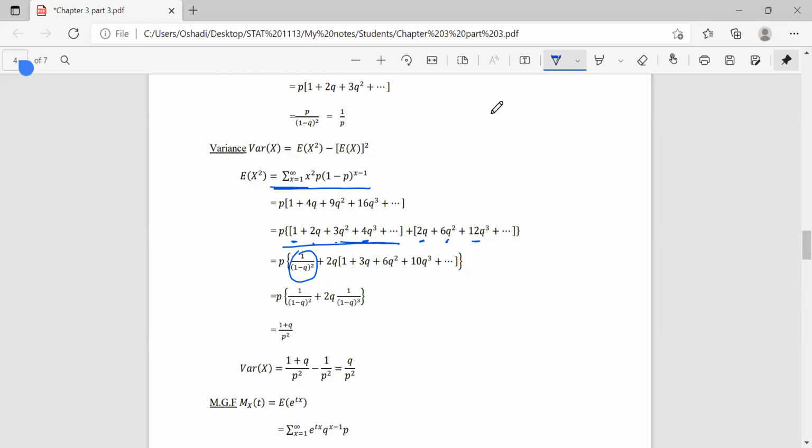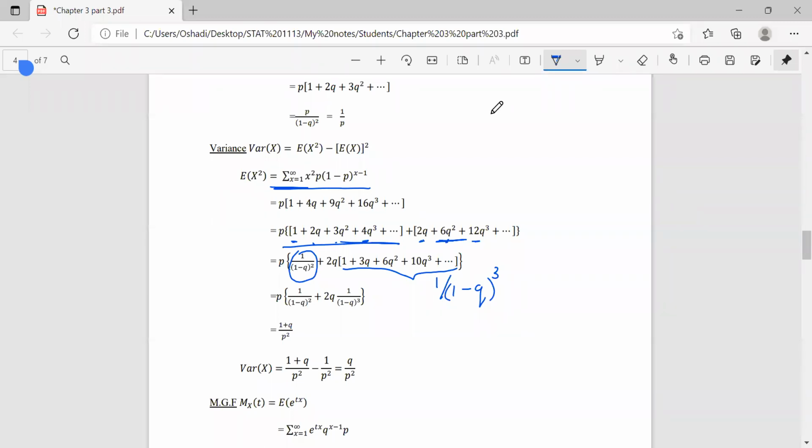Okay, then from the second part of the series, we take 2q out and write it as 1 plus 3q, 6q squared, 10q cube, like that, right? So we can write that series as this series. The summation of that series is 1 over 1 minus q to the power 3.